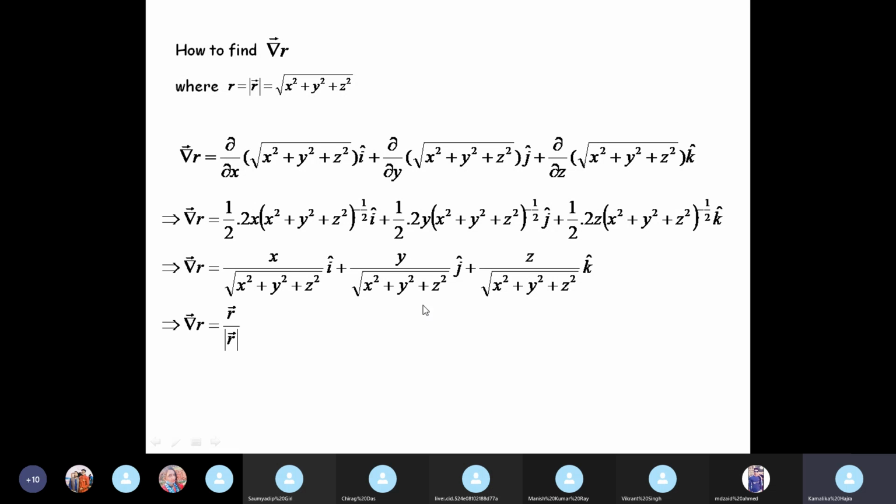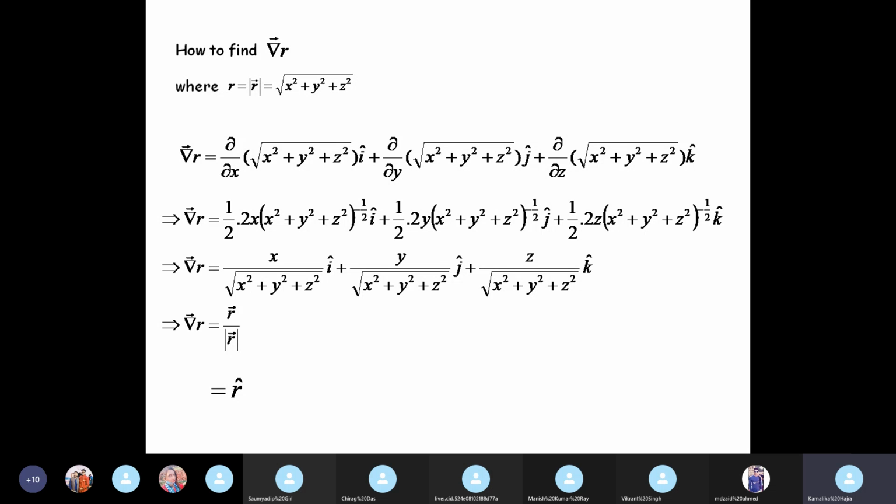Now you see the denominator is the same, and what is the numerator? x i cap plus y j cap plus z k cap, which is nothing but the vector r, and downstairs in the denominator is nothing but the magnitude of the vector r. So if you take the gradient of the magnitude of the position vector r, what you get is r by r, that is r cap, the unit vector along the position vector r.